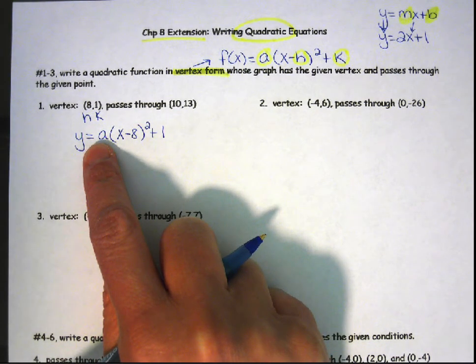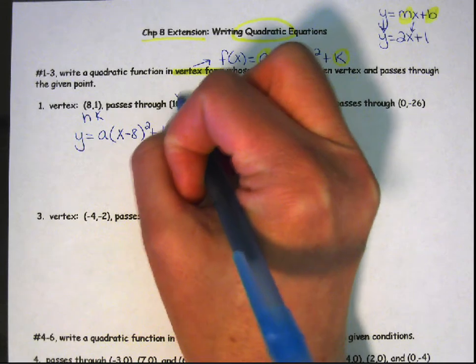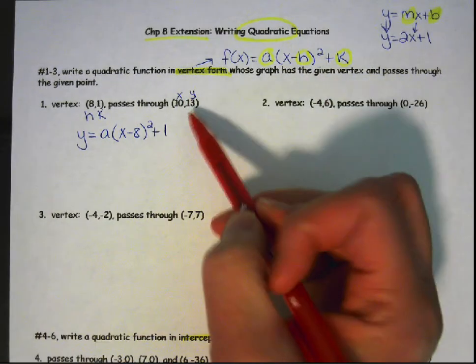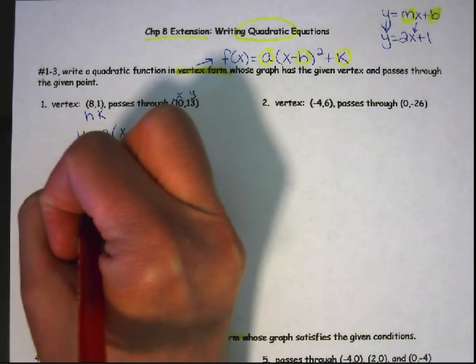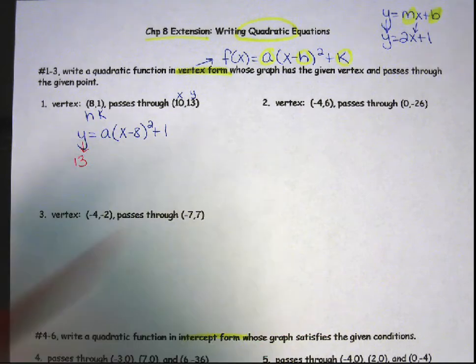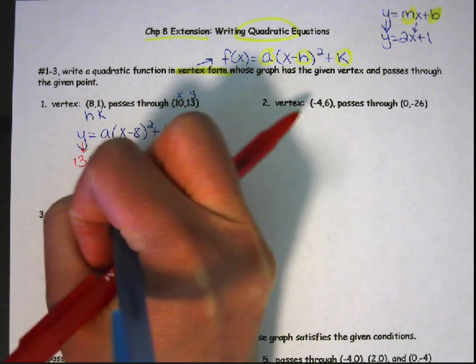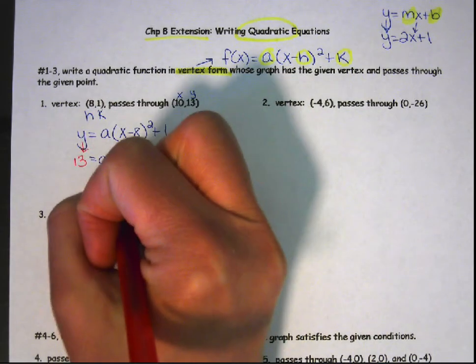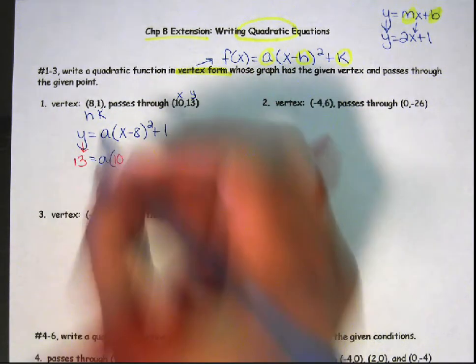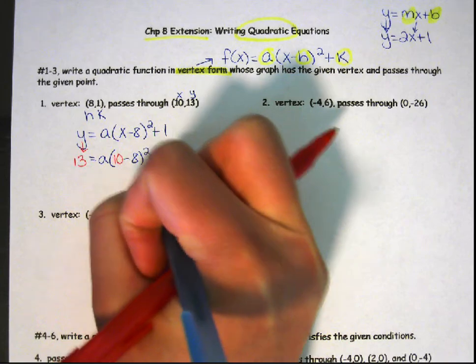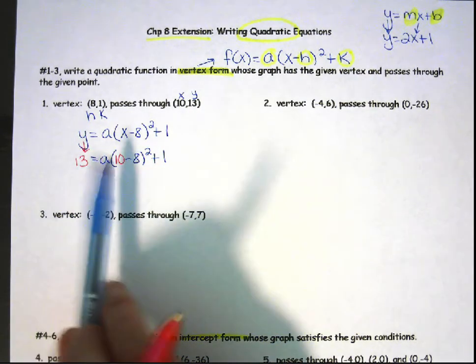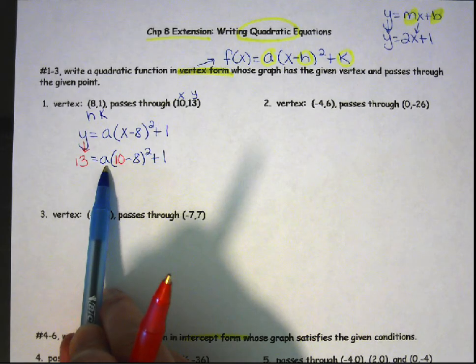So I'm going to use this as my X and my Y. I'm going to replace the Y with a 13, and I'm going to replace the X with a 10, and then I'm just going to keep the rest of the equation the same. And now from here, I can calculate what A is.